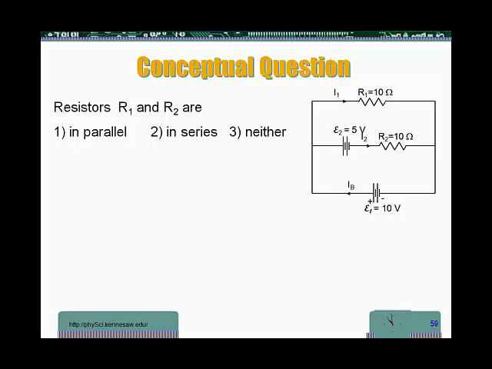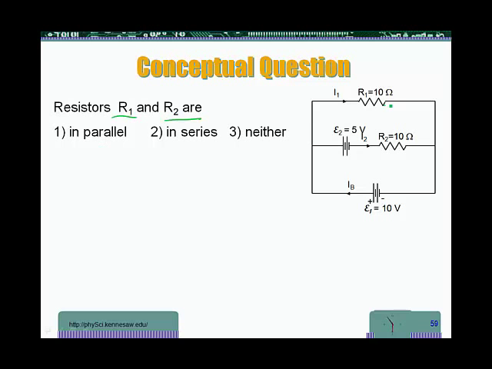Okay, the last question here for this exercise. Resistors R1 and R2, are they in parallel, in series, or neither? Okay, for R1 and R2 in series, every loop that I draw in the circuit should include both R1 and R2.